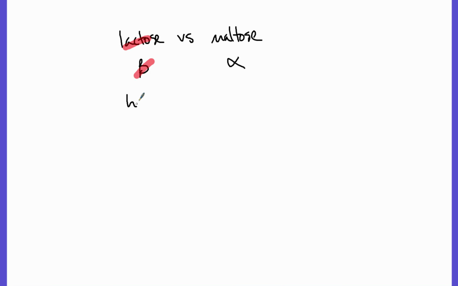So these are hard to break down. Again, I might need to show you a picture so I can confirm that, but you can play around with the model a little bit too. Whereas that alpha bond, much, much easier to break down. Easy to break down.